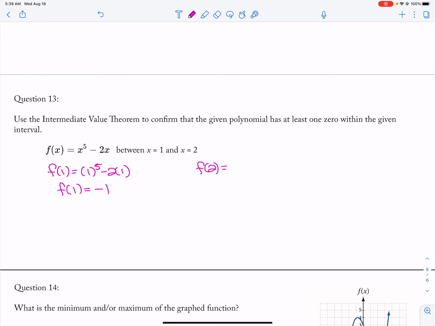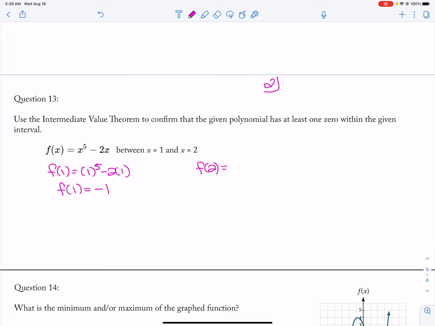Something important to note from your previous class, any advanced math or pre-calculus class that you took before this, is that you can use synthetic division to figure out f of 2. Just as a reminder, I could always do synthetic division.